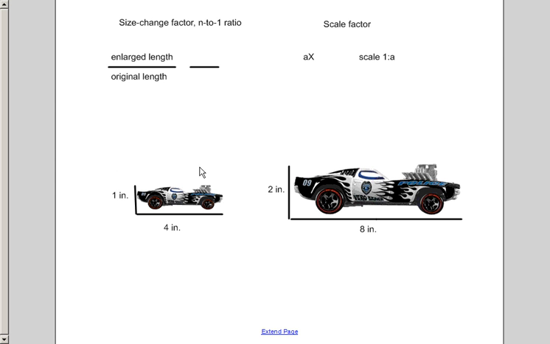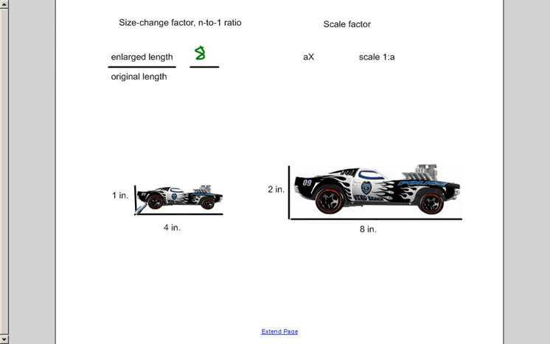All right, so let's say we have a little Hot Wheels car here, and it's 1 inch tall, 4 inches long. And then there's another model that's a little bigger. It's 2 inches tall and 8 inches long. If we're looking at the size change factor, or the ratio from the smaller object to the larger object, the original to the enlarged, then the enlarged length is the larger object's length, which is 8.